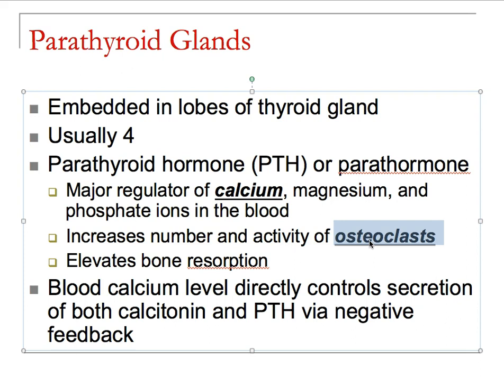And what's going to happen is the osteoclasts release hydrochloric acid, HCl, and enzymes. And this causes the bone breakdown, so you elevate calcium, Ca2+.